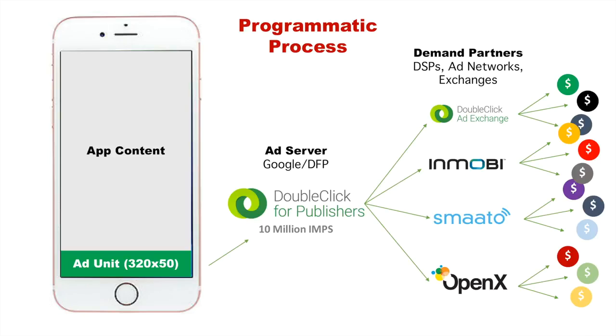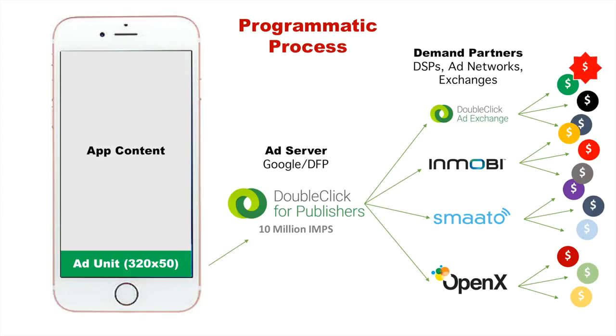And these tech companies are always looking to bring on new inventory, new apps, new ad units, new places to fill and to sell the ads that they have from their demand partners and from their advertisers on the back end. The disadvantage here is that now there are more steps and middlemen, essentially, between you, the app developer, and the end advertiser who's actually serving that ad.